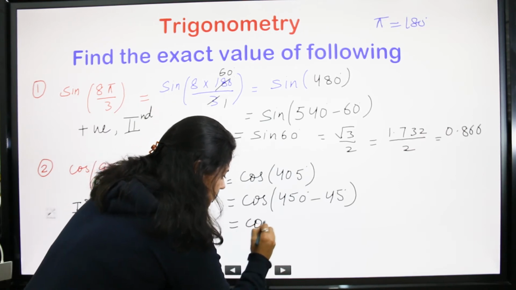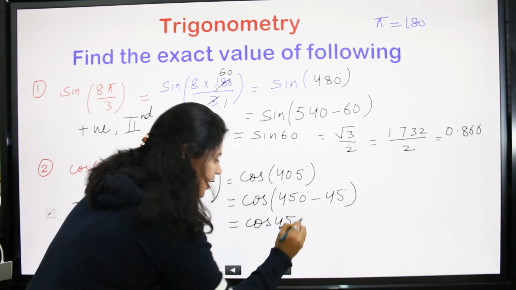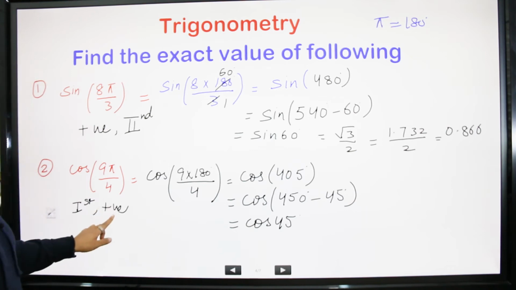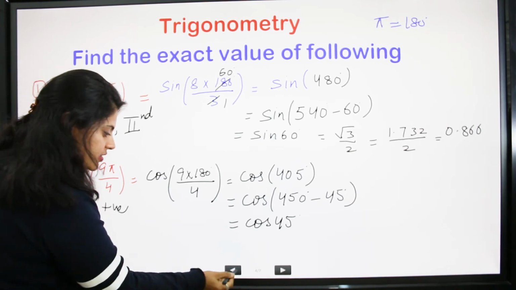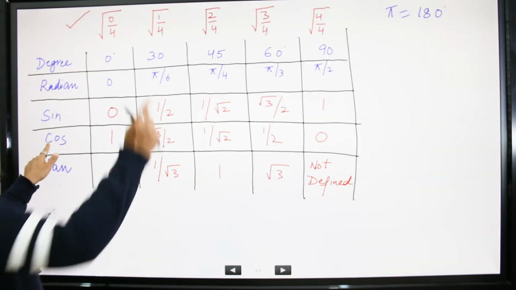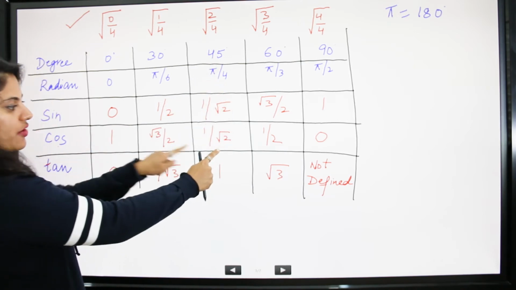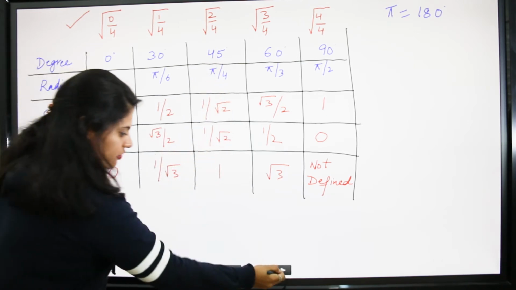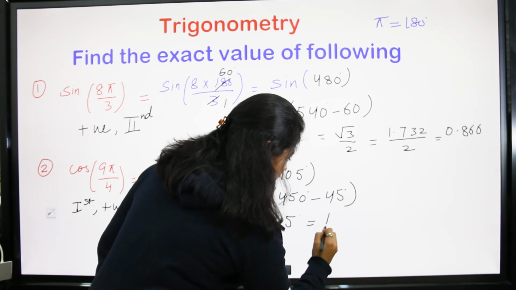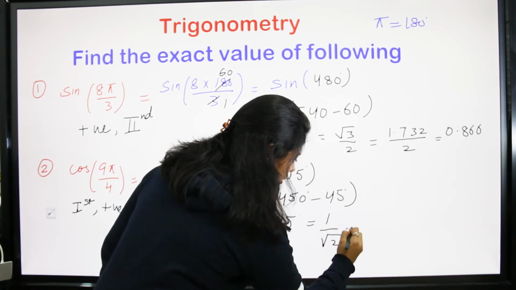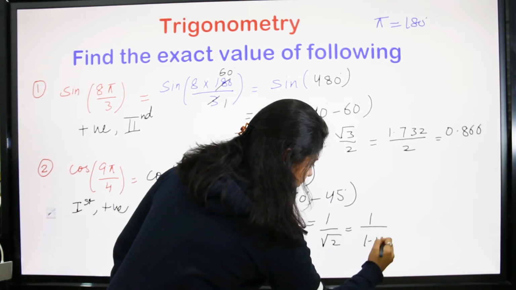This can be written as cos 45 degree, and cos 45 is positive in the first quadrant. Time to find the value of cos 45 degrees here, which is 1 over under root 2. So you can write the value in here. This equals 1 over root 2. Or you can also write this as 1.414.